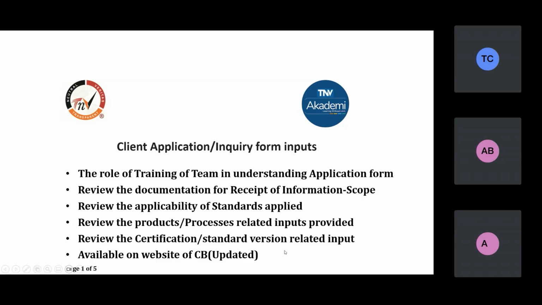So it is good for the client to have the correct application form and fill it correctly after the teams are trained. Teams of the client, the certification body, the business associate, and the consultants, as applicable, need to be trained on the applicability of the client's application form.